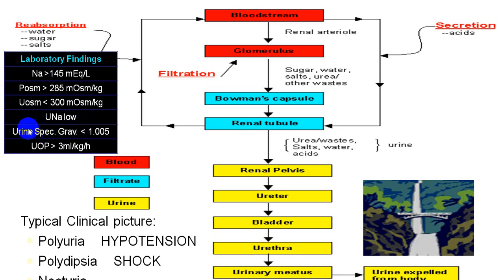Urine specific gravity is very close to that of water, and urine output becomes more than 3 ml per kilogram per hour. So if a person weighs 70 kg, it will be 210 ml per hour. If you calculate for 24 hours, it will be almost more than 5 liters. So we always say it will be more than 4 to 5 liters per day. And if water is not replaced, the person will develop hypotension, hypovolemia, and then can even go into a shock stage.